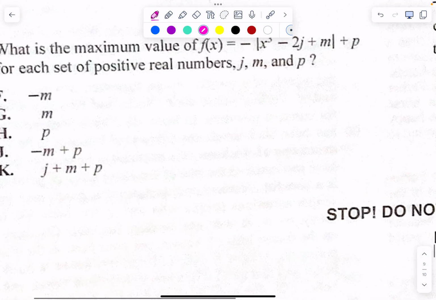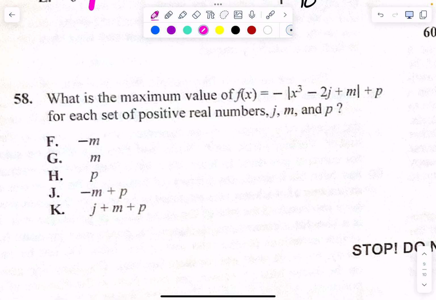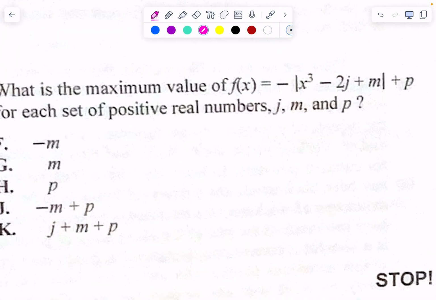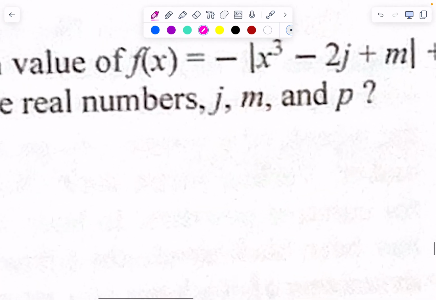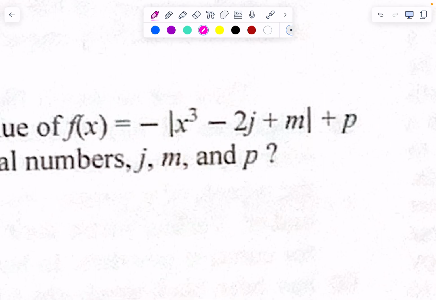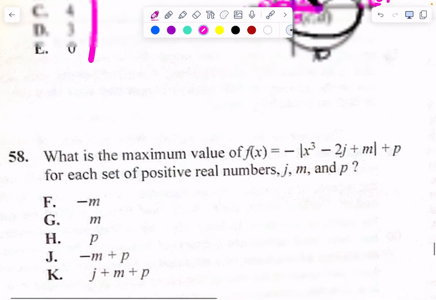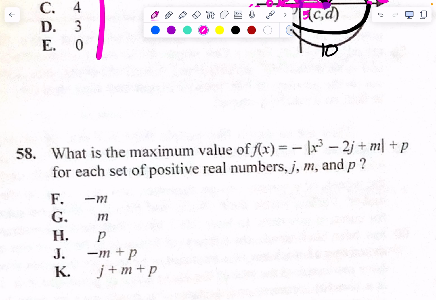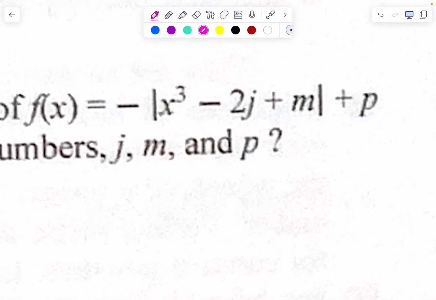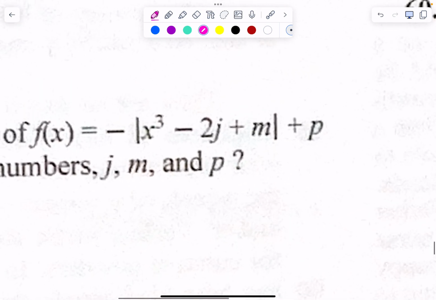58. What is the maximum value of that expression for each set of positive real numbers J, M, P? Ooh, this one's tough. What are we doing here? What is the maximum value? This is like where we plug numbers in.